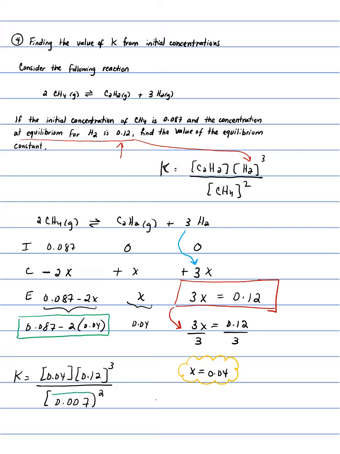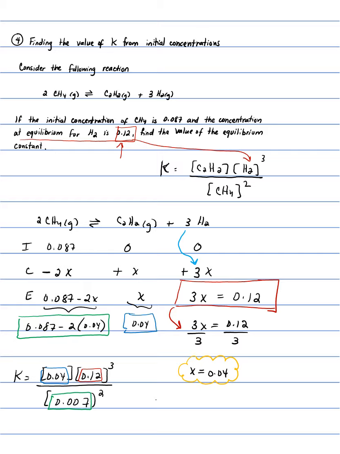So this 0.007 is coming from 0.087 minus 2 times 0.04, which is your value for x. 0.12 is given right here in your problem. And 0.04 is just the value of x, which is what we have at equilibrium for C2H2.